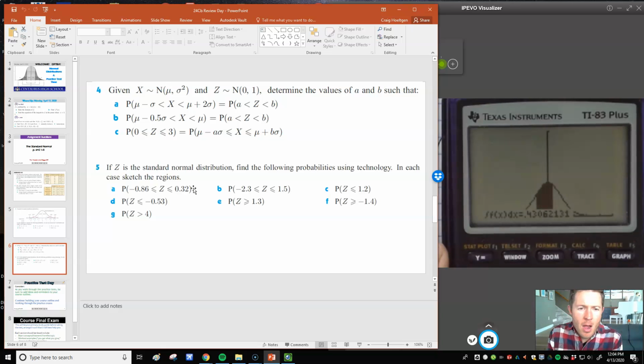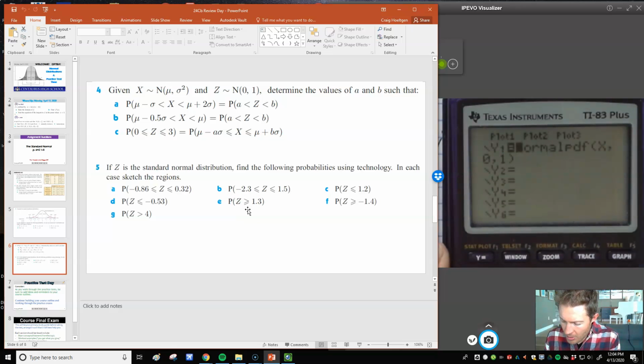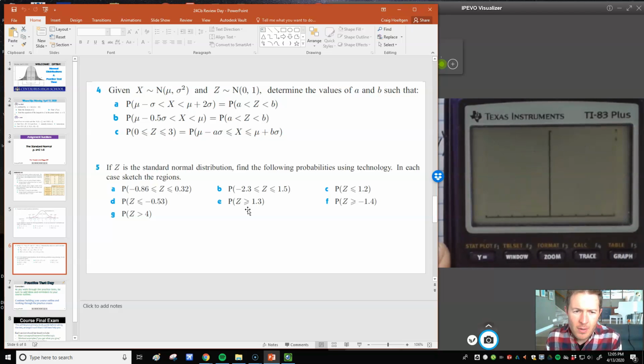I'm not going to do all these. Let's do one more. Let's do E together. So again, I want it to unshade, so I'm going to turn off the graph for a second. Notice it's off now. Highlight it over, hit enter again. It's back on. Regraph it just so I can have a fresh shading. So now for E, the probability of Z being greater than 1.3 standard deviations.